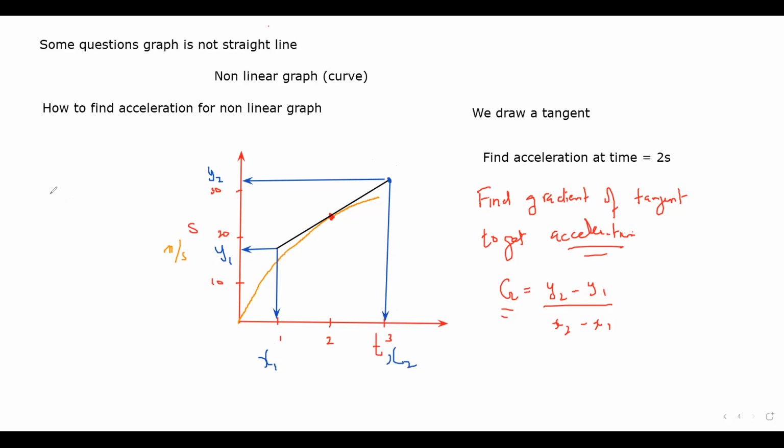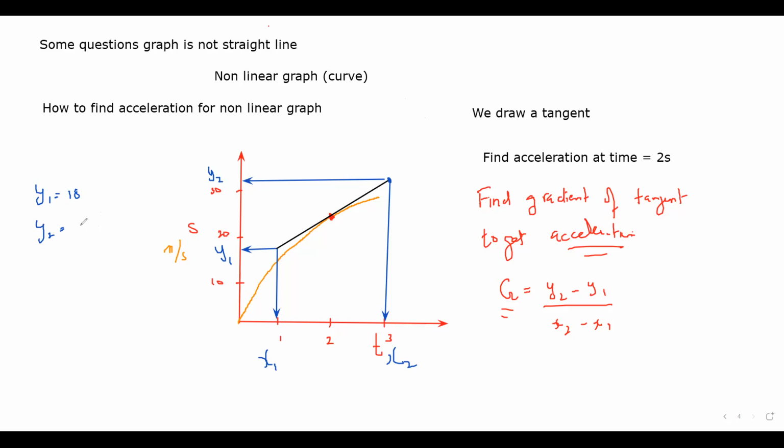As you can see, y1 is approximately 18. You can draw a bigger line or a shorter line, it won't make a difference to the final answer. The answer may change slightly, but not by much. So the length of a tangent does not affect your final answer.